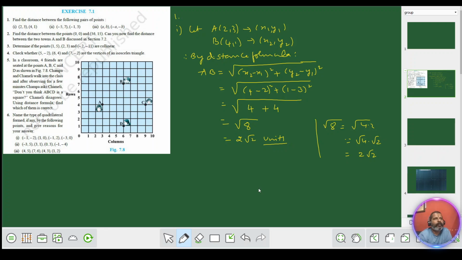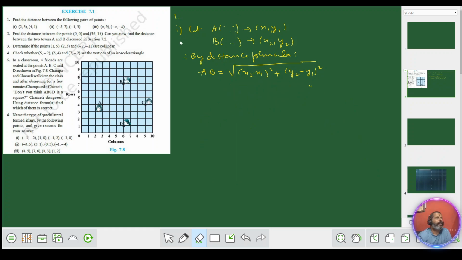Okay, we'll see the next set of points. I'll modify the same question. Let's call A as minus 5, 7, the first point itself, and B as minus 1, 3. Can we substitute?